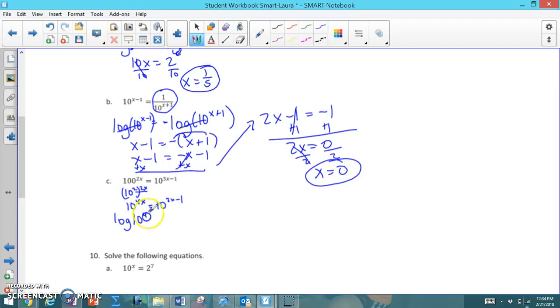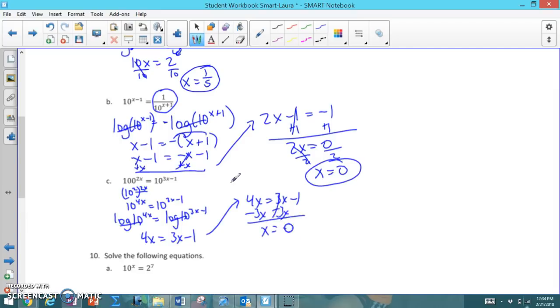I take log of 10 to the 4x equals log of 10 to the 3x minus 1. I was allowed to do it the other way, it just wouldn't help me. So now I have 4x equals 3x minus 1. Subtract 3x. I get x equals -1.